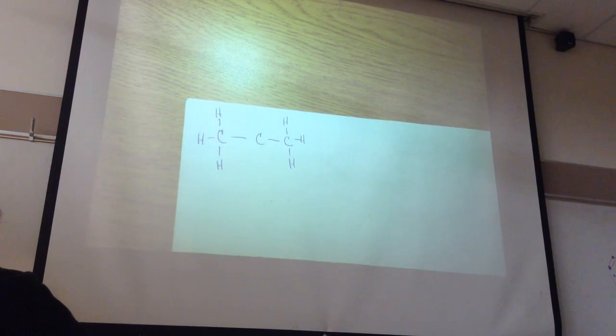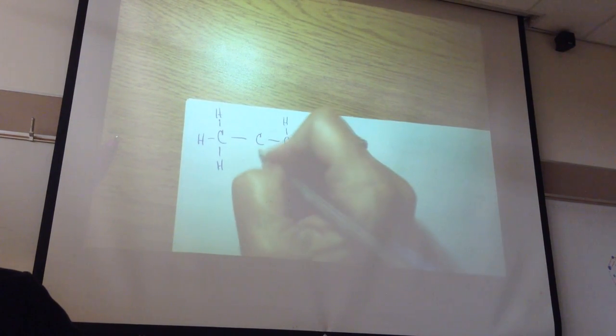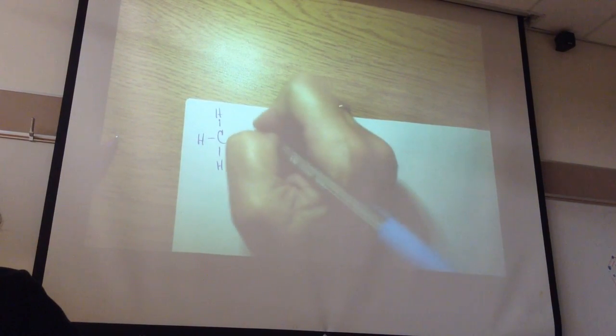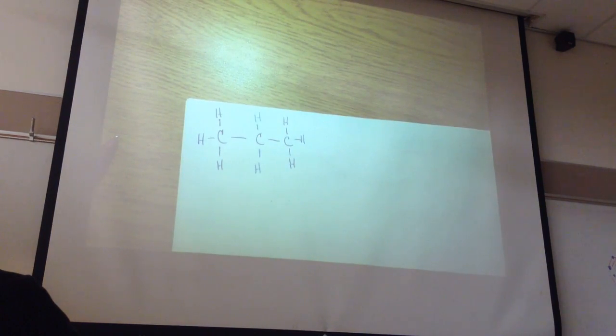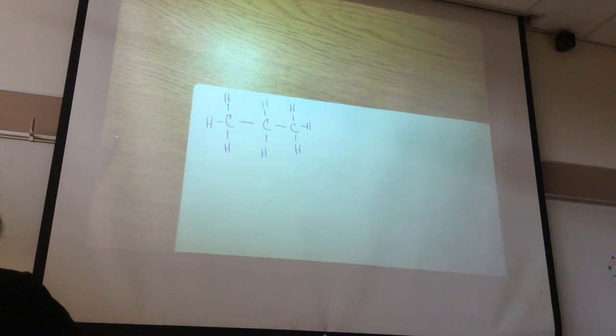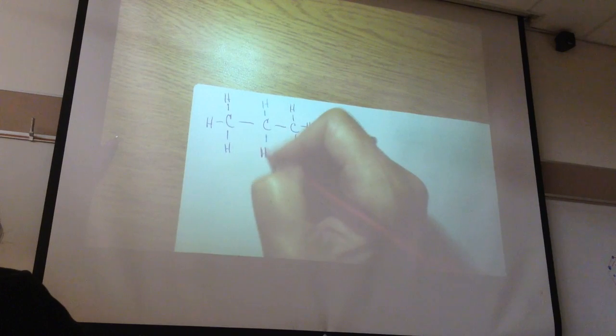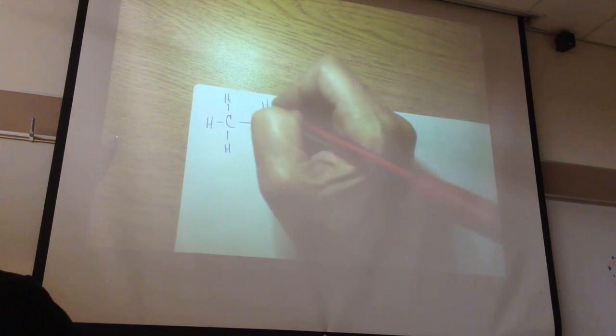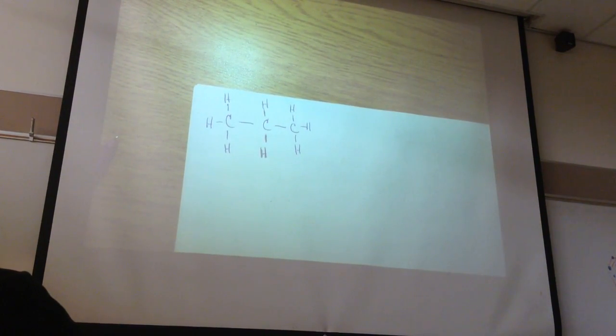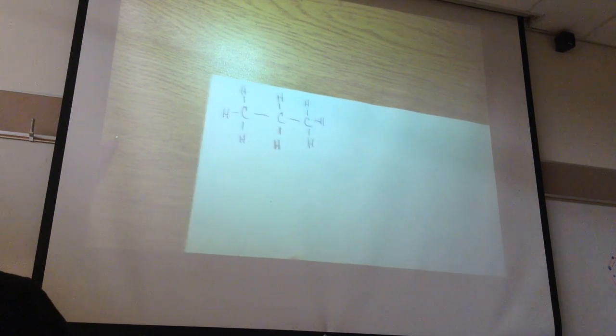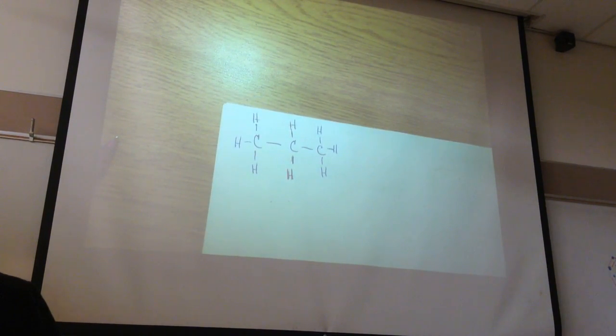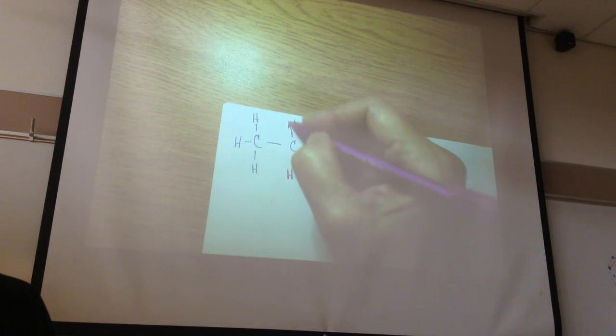The light blue ones in the center are equivalent to themselves. So if that question were to arise about how many sets of equivalent hydrogens, you would have 2 sets.